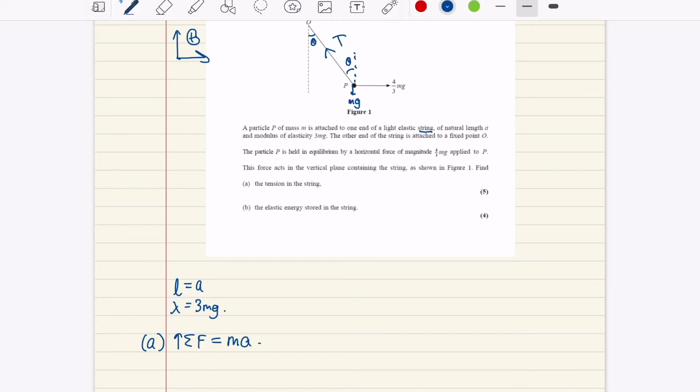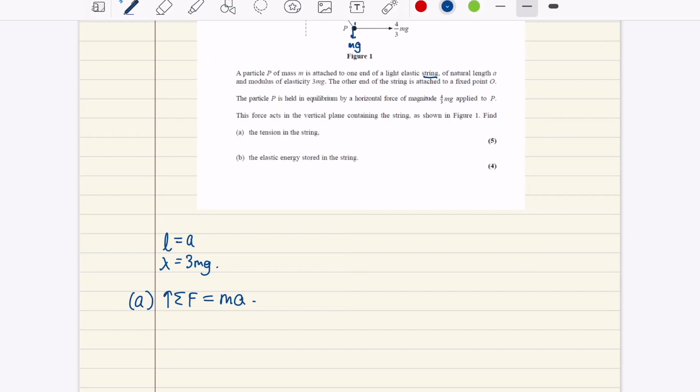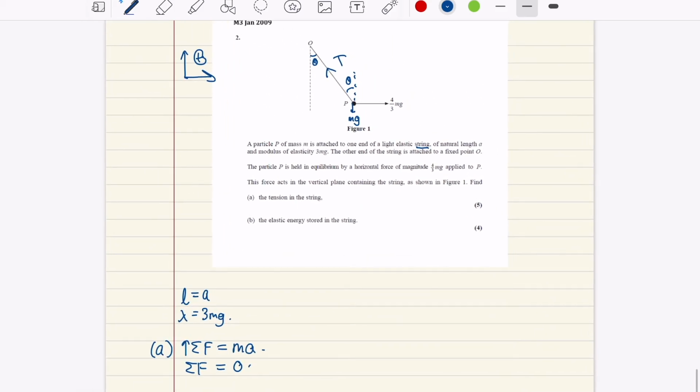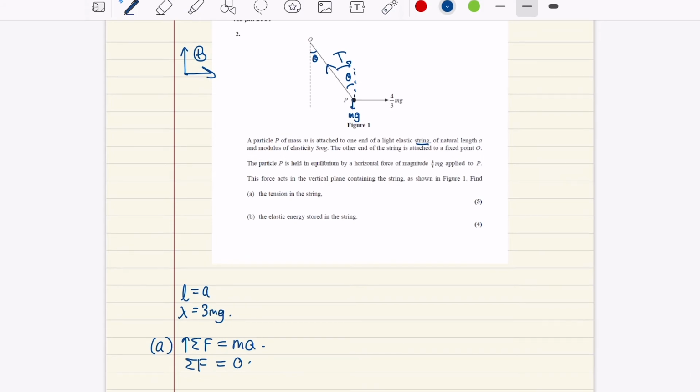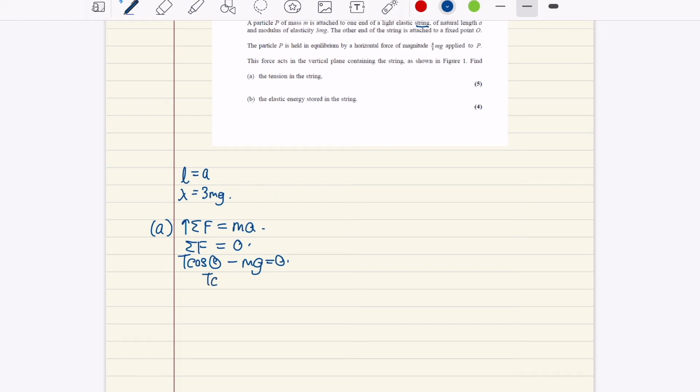And since the whole system is in equilibrium, there won't be any acceleration, so the resultant force will be equal to 0. By resolving towards the angle, we get T cos theta, which is upward, that's why it's positive, minus mg equals 0. So T cos theta equals mg.